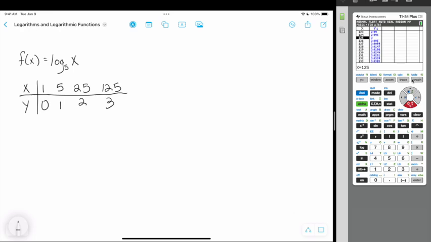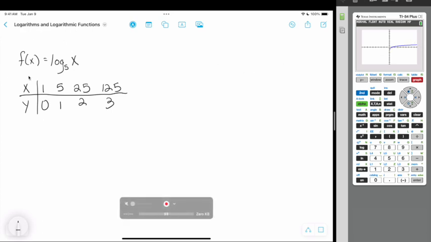So let's go ahead and graph it and take a look at what we have. And it is similar in some ways to an exponential function. In some ways it's very, very similar, except it sort of flattens out almost immediately, because remember from our table, the x's are getting very, very big right here, but the y's are staying very small.